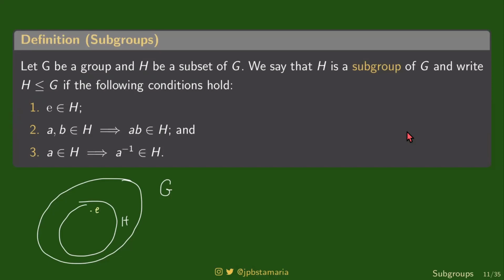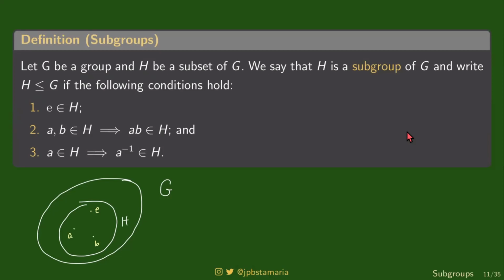Okay. Second, H must be closed under multiplication. Meaning to say, kapag si A nasa H, si B nasa H, well, natural na yung A times B nasa G kasi they are elements of G, di ba?